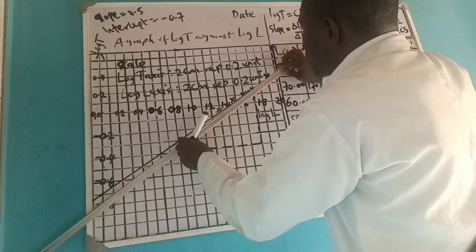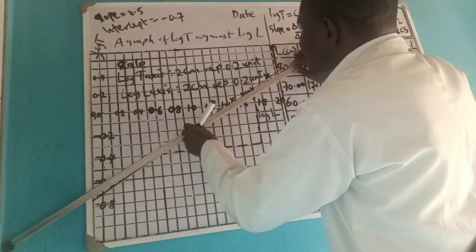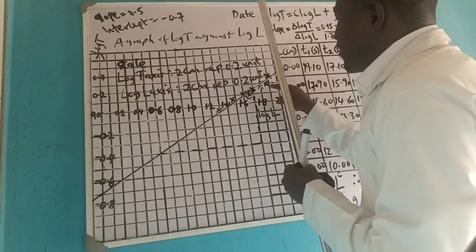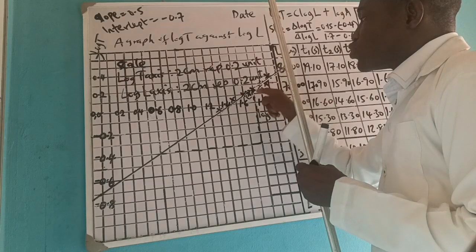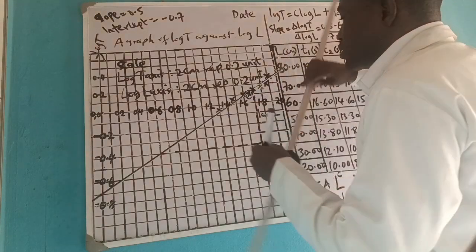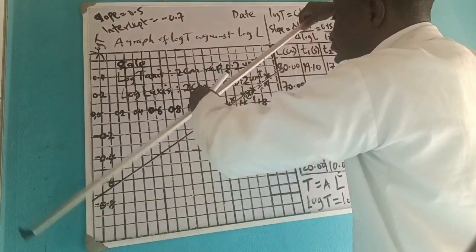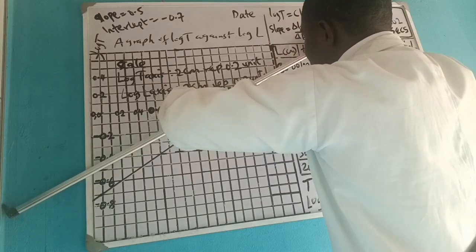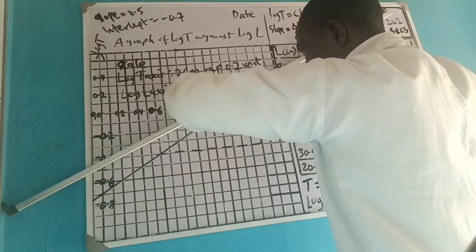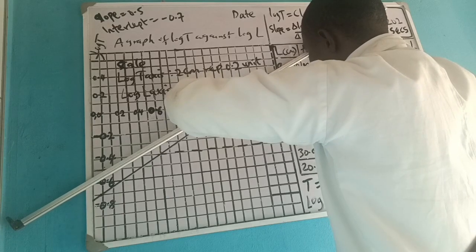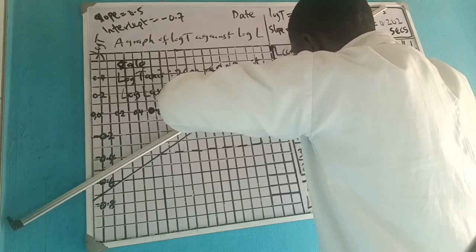Our centroid. When we locate our centroid, we connect some of those points that fell out with the centroid. So I'll be connecting them now. Please bear with me. Exercise patience as we do the connection.